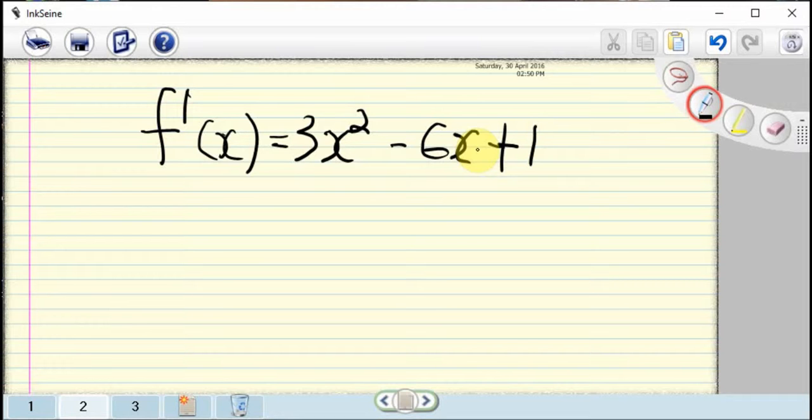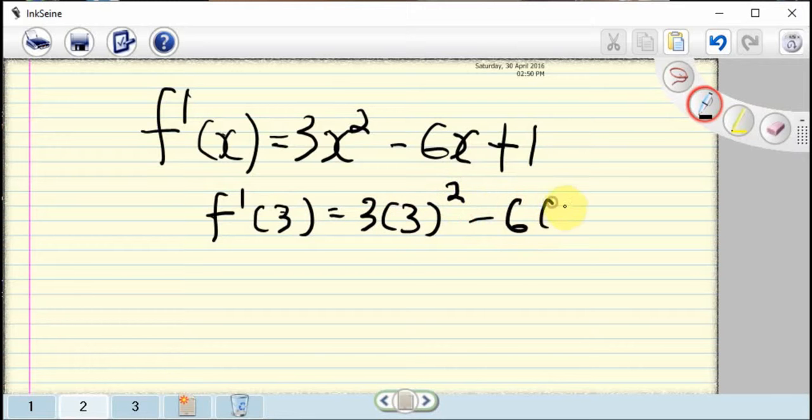To find the gradient, we simply plug in our value of x, which is 3. So f prime of 3 is equal to 3 times 3 squared minus 6 times 3 plus 1. So that's 27 minus 18, 9 plus 1, 10. So our gradient is 10.